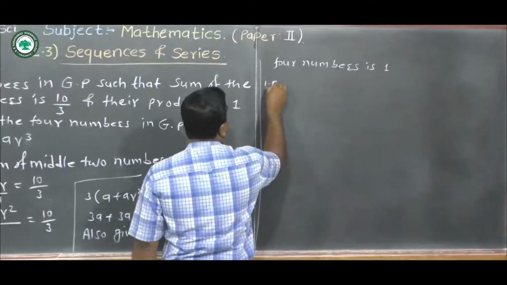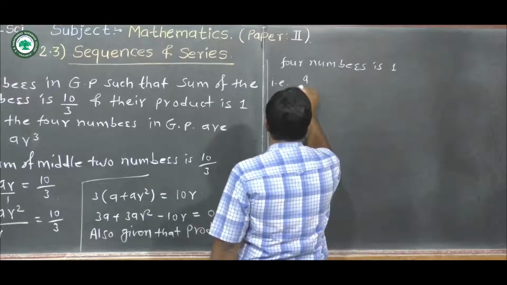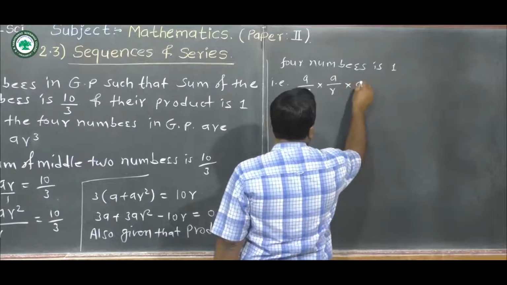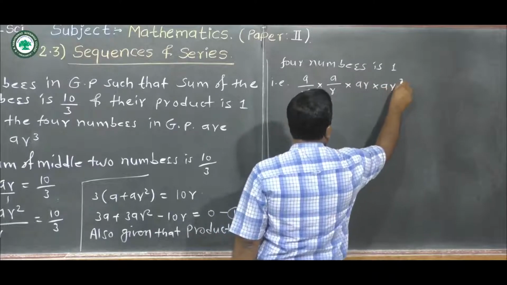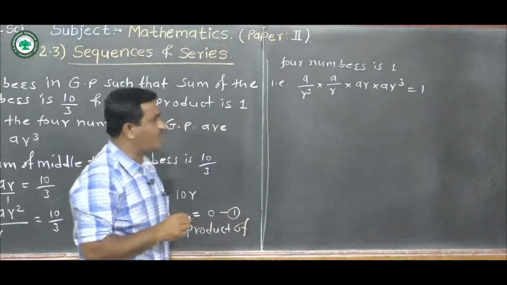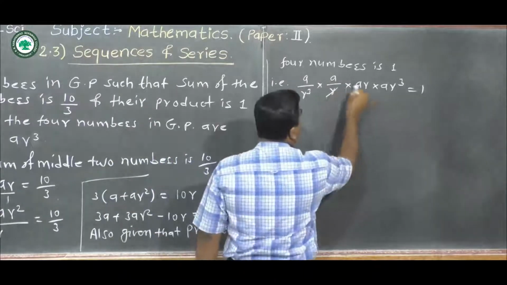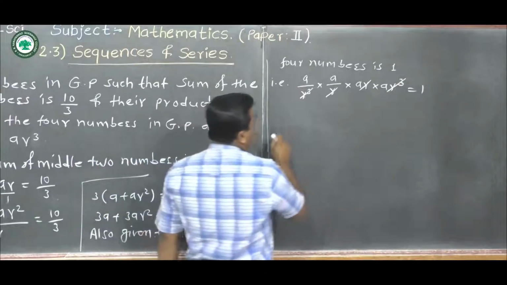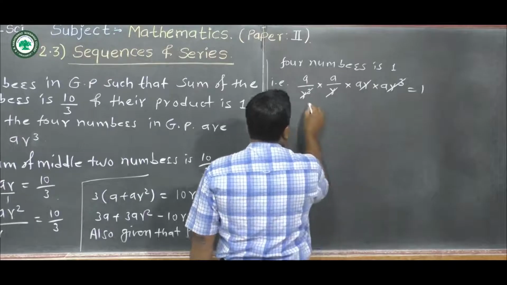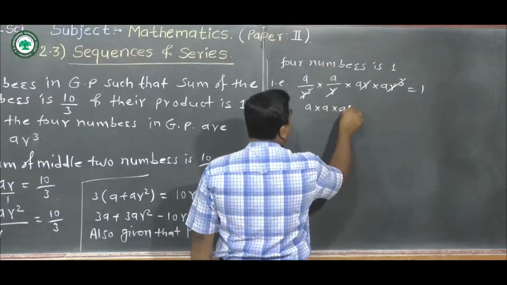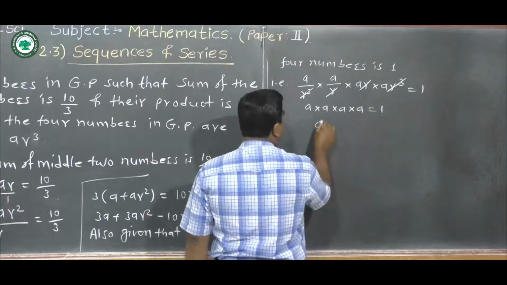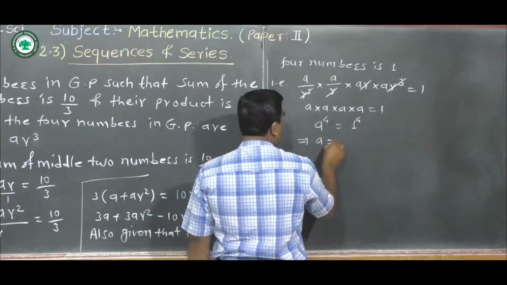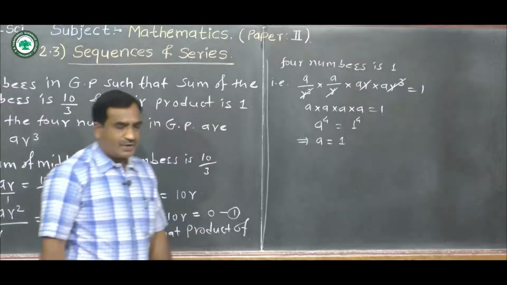That is, a upon r cube into a upon r into ar into ar cube is equal to 1. Now r upon r cancel out, r cube upon r cube cancel. Take remaining terms, a into a into a into a is equal to 1. This can be written as a raised to 4 equal to 1 raised to 4, and this implies that a is equal to 1.